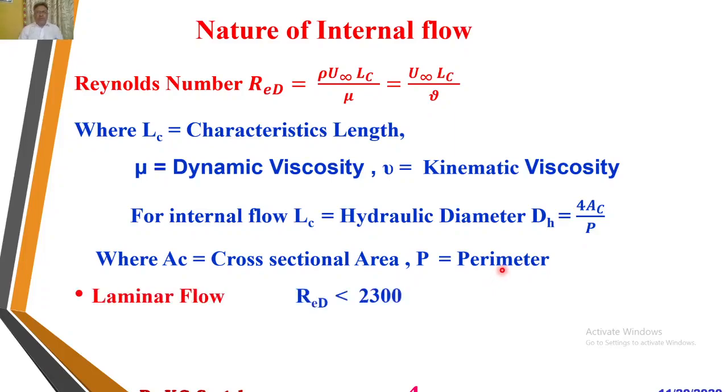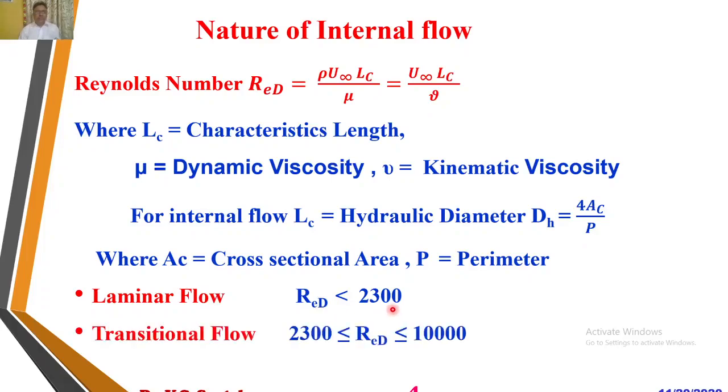Depending upon the value of Reynolds number, flow will be laminar if Reynolds number is less than 2300. Flow will be in the transitional zone if Reynolds number lies between 2300 and 10,000, and flow will be turbulent if Reynolds number is greater than 10,000.